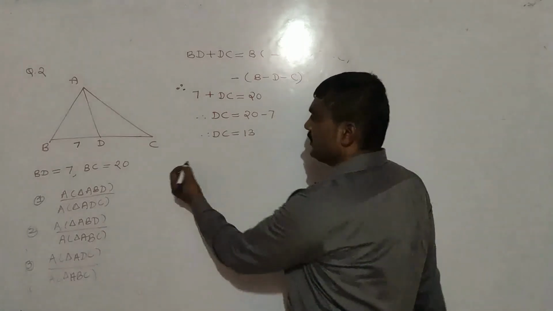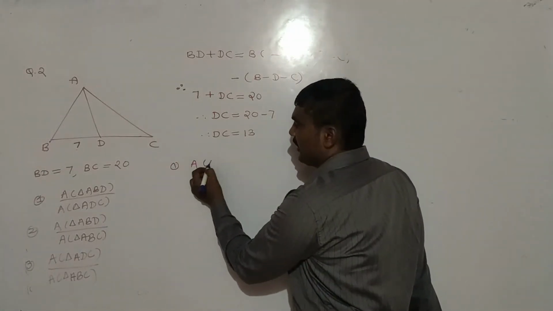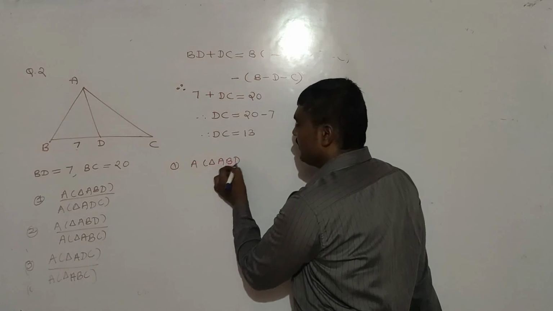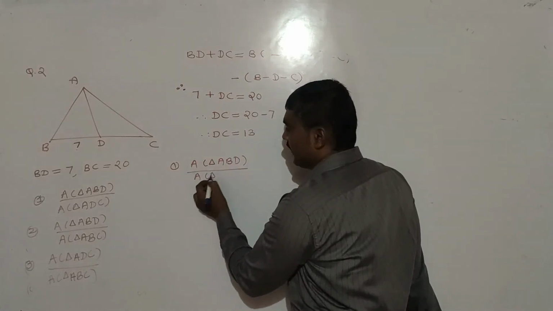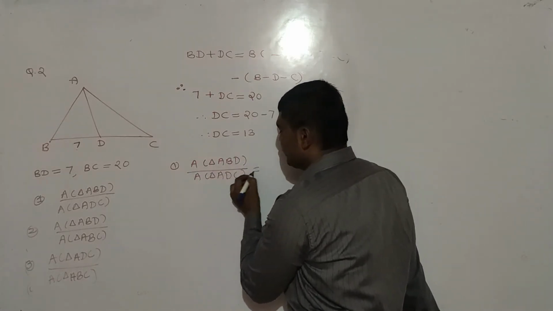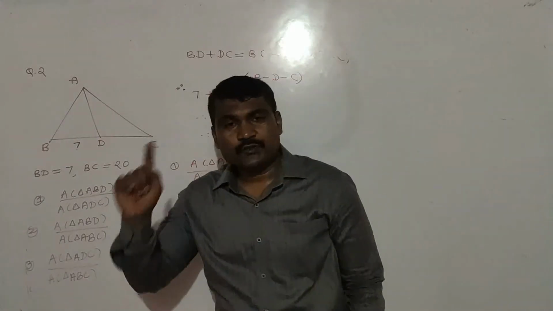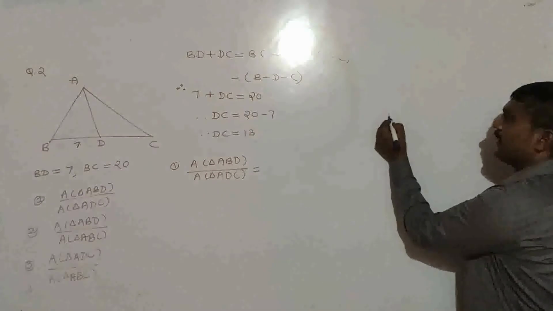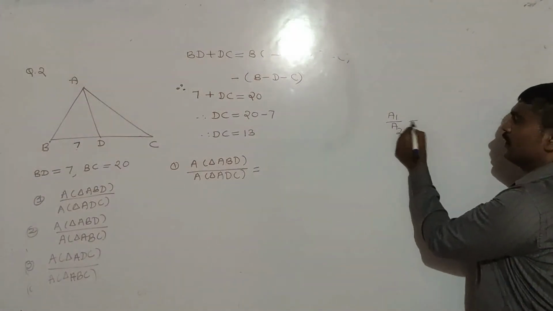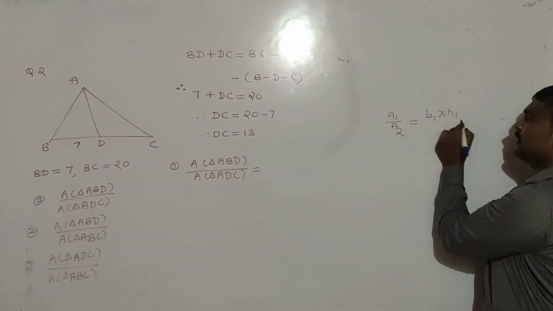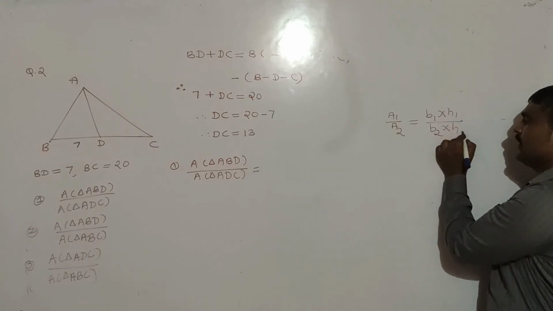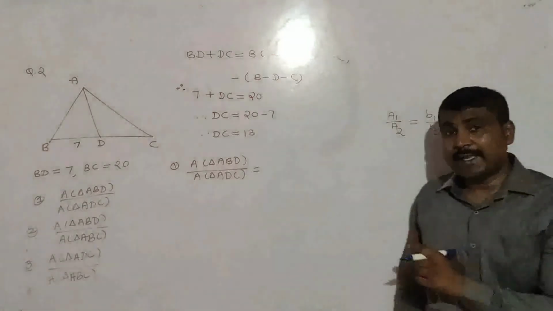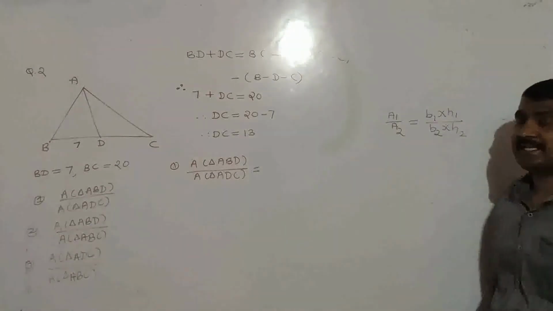Now in question number 1, we have to find the area of triangle ABD upon the area of triangle ABC. You can see we have the first point and last point of the given chapter. In the first point we have a formula, A1 upon A2 equal to B1 into H1 upon B2 into H2. And in that first point we had cases.